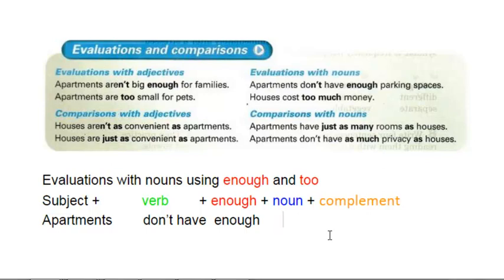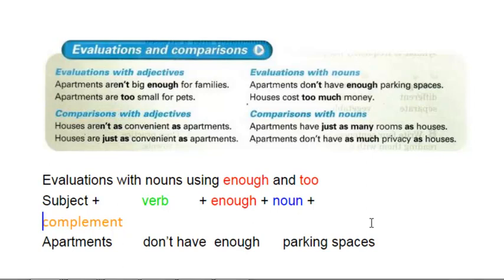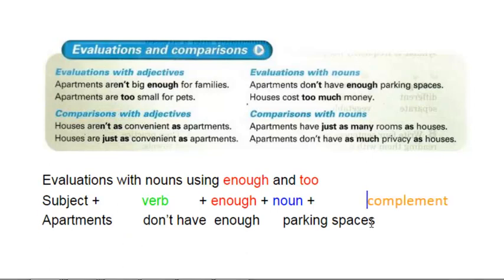In this case, "don't have enough parking spaces." Okay, so the noun is parking spaces, and then you can think of a complement, if you will. So you can include something else there. For example, what could that be? "Don't have enough parking spaces for people," right? That could be the complement. But in this case, the noun is parking spaces.